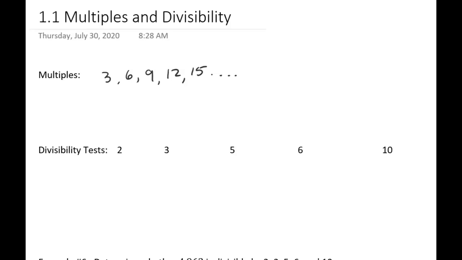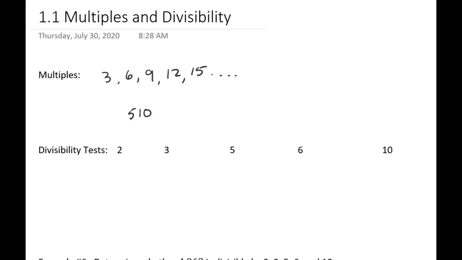All right, now we're going to talk about divisibility tests. There are certain tests that we have to decide if a number is divisible by another number. When we talk about divisibility, we're talking about a number dividing evenly into another number. So let's look at an example number, maybe 510.